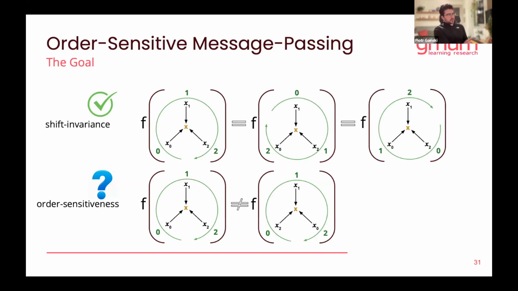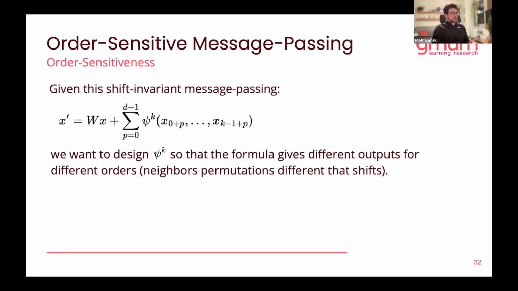Okay, so let's talk about the order sensitiveness. We want to design this psi so that we know that it can learn to distinguish between enantiomers, between the different permutations.